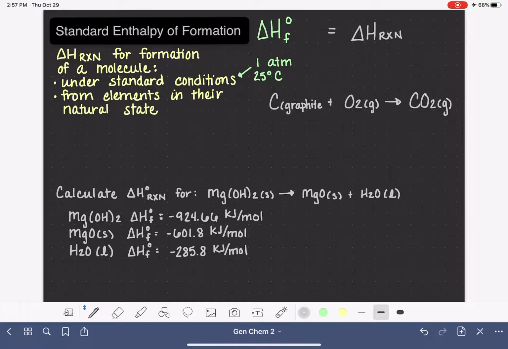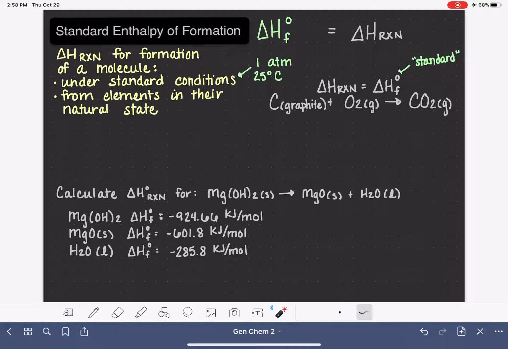So if we were to perform this particular reaction, as long as we kept it at 1 atmosphere and 25 degrees C, because this reaction describes the formation of carbon dioxide gas from its elements in their natural state, the change in enthalpy for this particular reaction could be given the special designation delta H of formation standard. That little symbol that looks like a degree sign is what we use when the reaction is held under standard conditions.